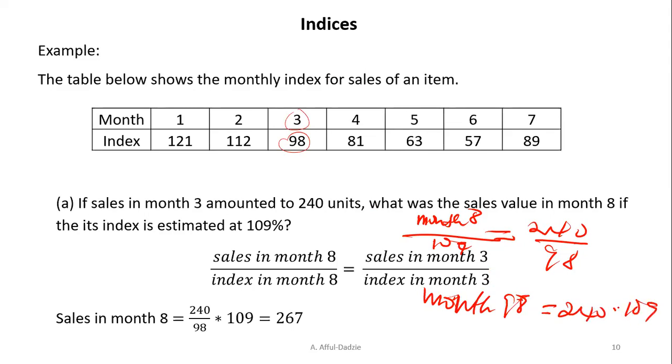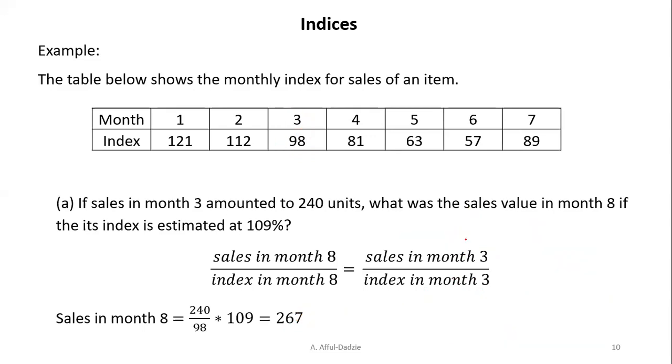I just want your involvement, that's all. So when I pause, I expect someone to say, I divide through by 98. Exactly. Thank you. So you have month 8, which will now be 240 times 109 over 98.